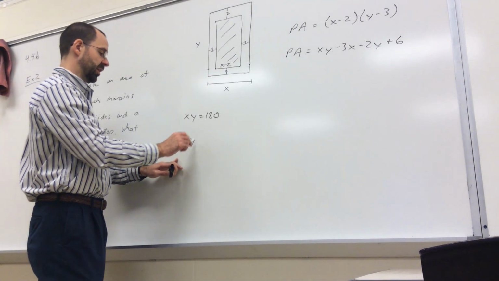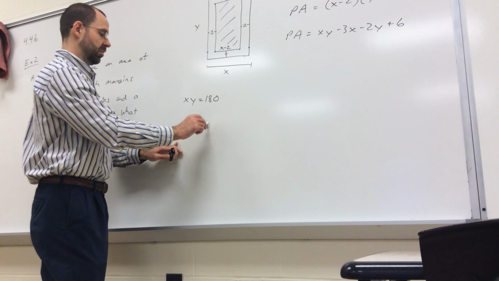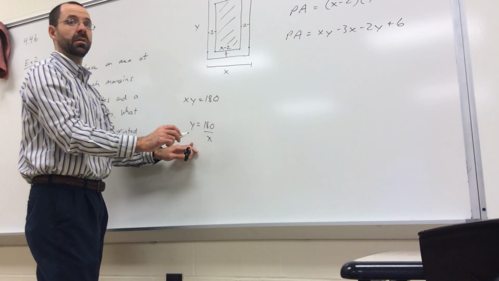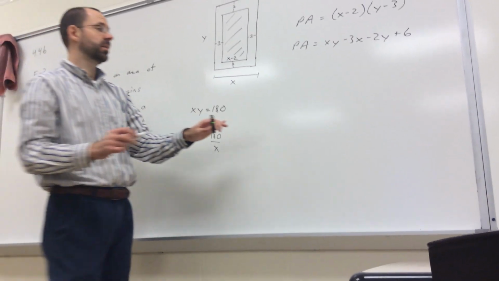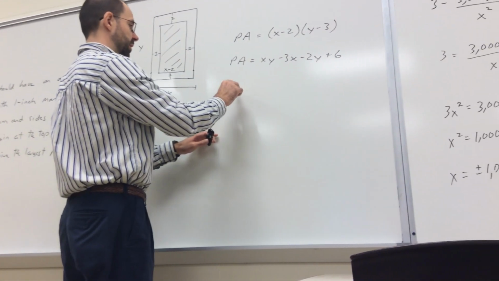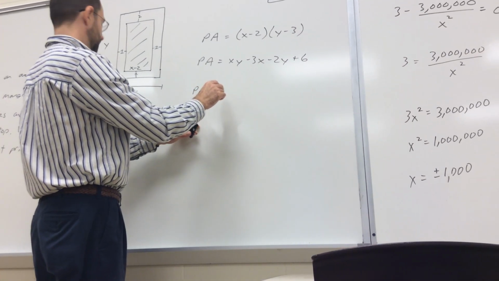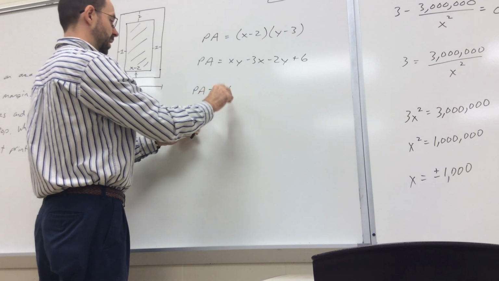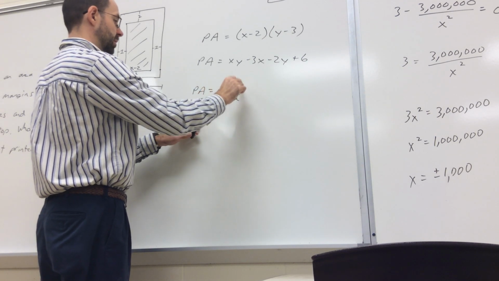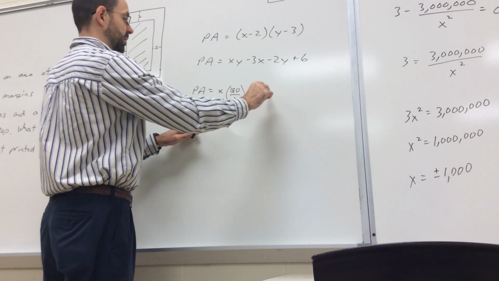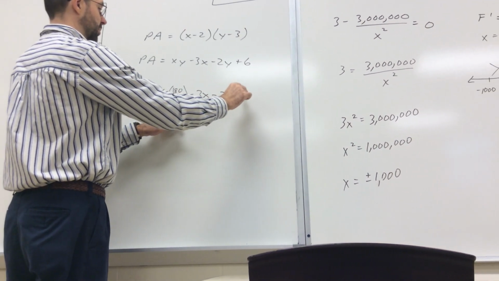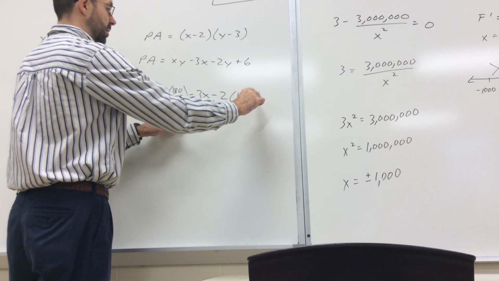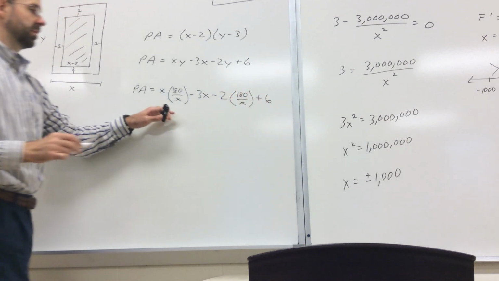So solving for y, that's y equals 180 over x. I can take that, plug it in over there. So printed area equals x times 180 over x minus 3x minus 2 times 180 over x plus 6.